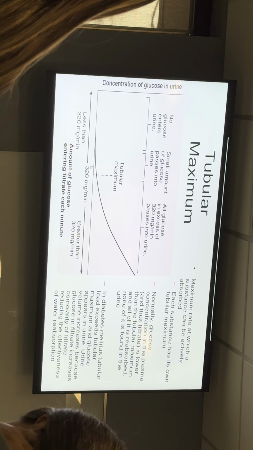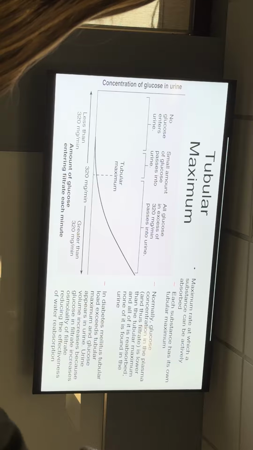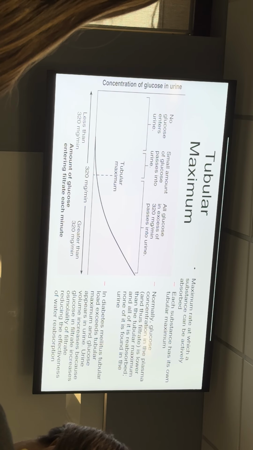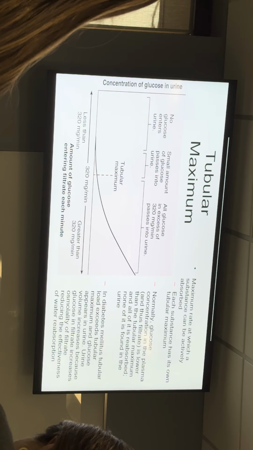Until you reach your tubular maximum, you can reabsorb all that sugar, and you won't be peeing out sugar. But once you exceed that amount, you don't have enough receptors or doorways to reabsorb it all in time. And then what ends up happening is you do pee out sugar.